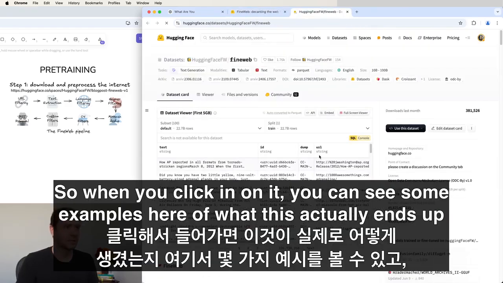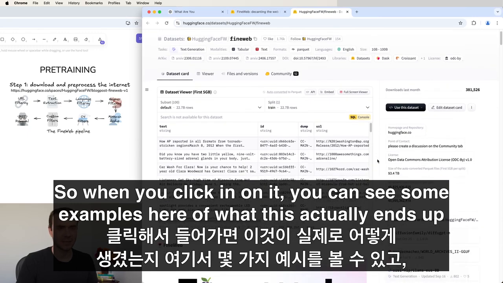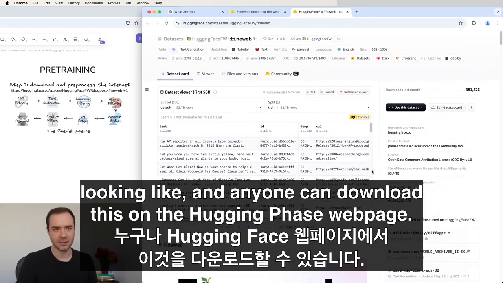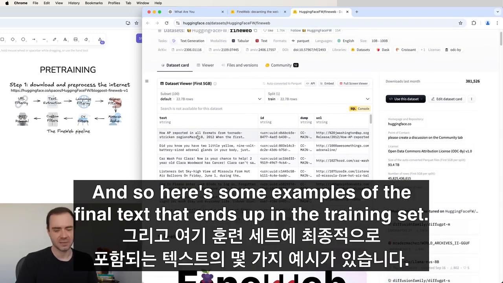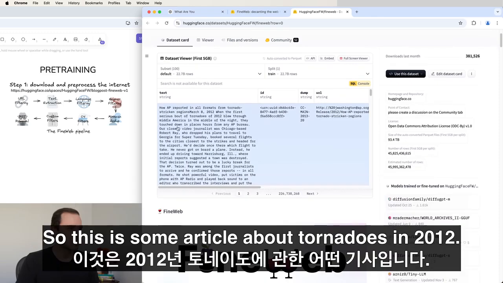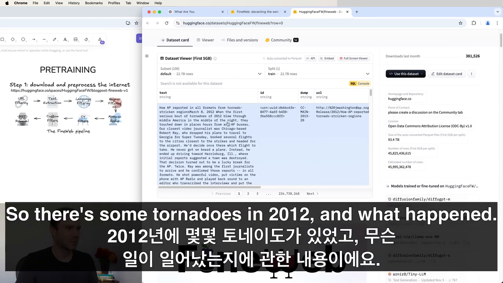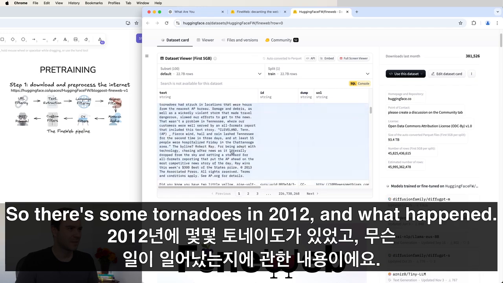So when you click in on it, you can see some examples here of what this actually ends up looking like, and anyone can download this on the Hugging Face webpage. And so here's some examples of the final text that ends up in the training set. So this is some article about tornadoes in 2012. So there's some tornadoes in 2012 and what happened.